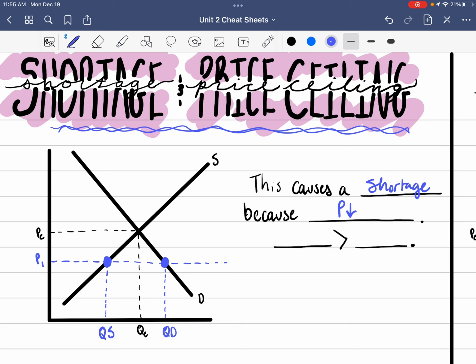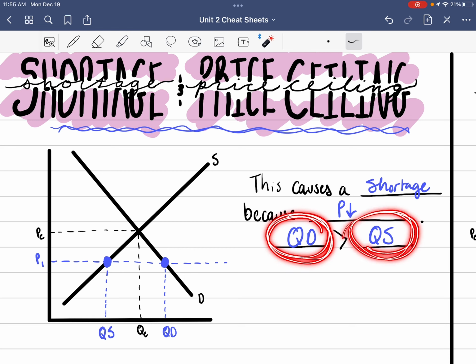So in this scenario, if this is a number line, quantity demanded is further along the number line than quantity supplied. That means that quantity demanded is greater than quantity supplied. And that's what a shortage is. It is when we demand, we want more than what there is.